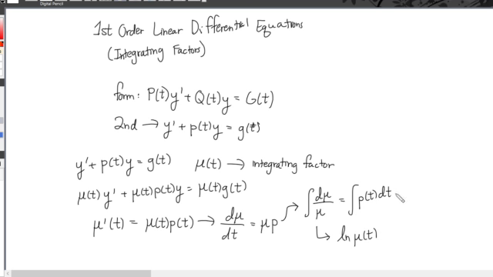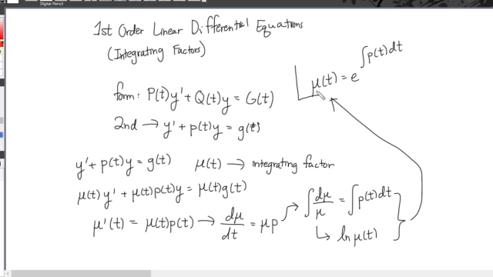So then we can see that the integrating factor, mu of t, has to be e to the power of the integral of p of t dt.